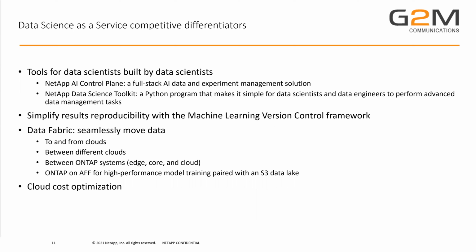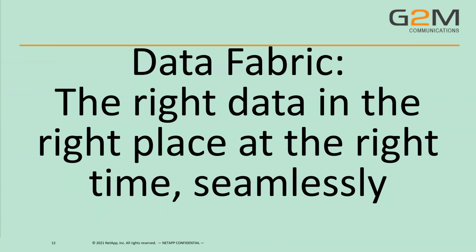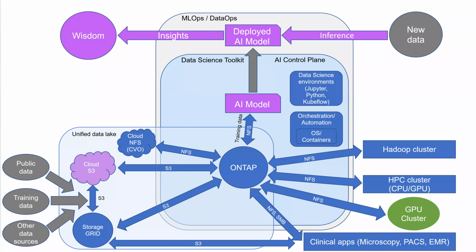So through our ONTAP operating environment, which has been refined through many years, I mean, this is the foundation really that NetApp was built on, we can do this. We can have ONTAP on-prem. We can have ONTAP in the cloud. We can move data using the same environment, the same tool, the same API, and that's what has really worked well. And this is kind of a depiction of what that looks like.